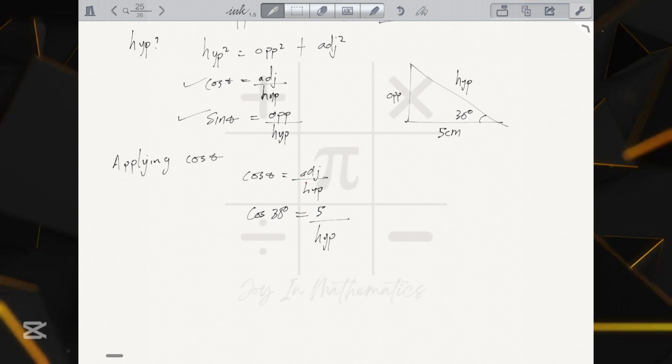So making hypotenuse the subject of the formula, hypotenuse is equal to 5 divided by cos 30 degrees. So this will give us 5 divided by 0.8660, and we would have this give us 5.7735 centimeters.